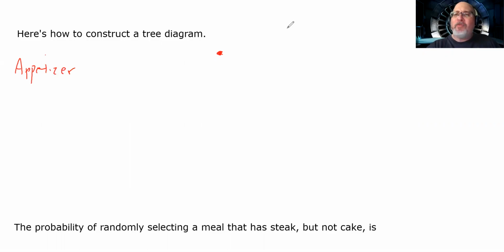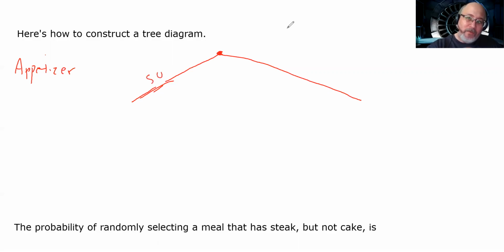And then you set out 1 branch for each choice and make them spread out wide. You'll see why in a moment. The first branch could represent our first choice, which is soup. And the second branch could represent our second choice, which is salad.